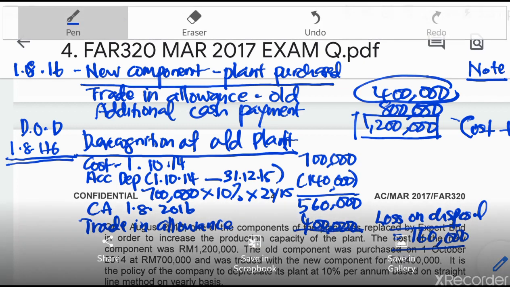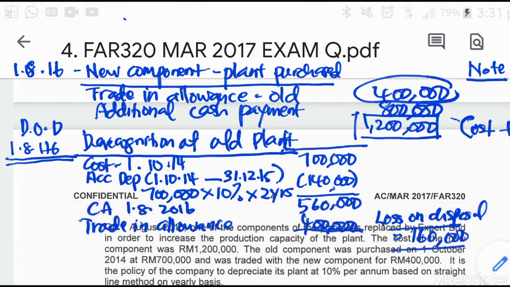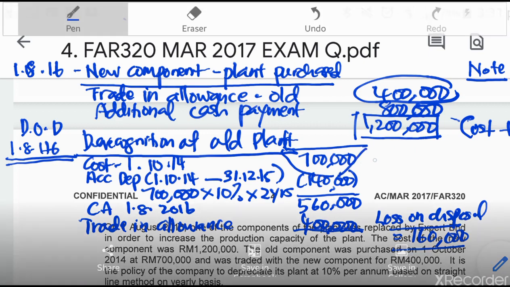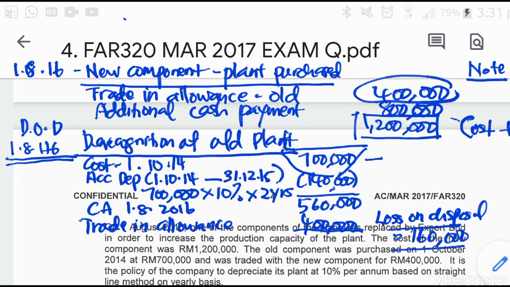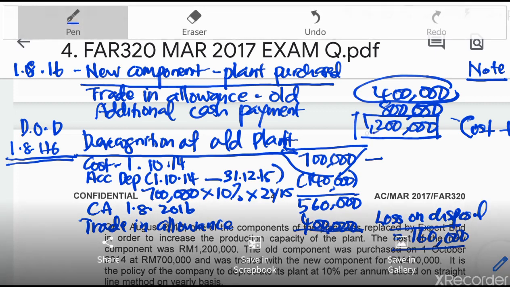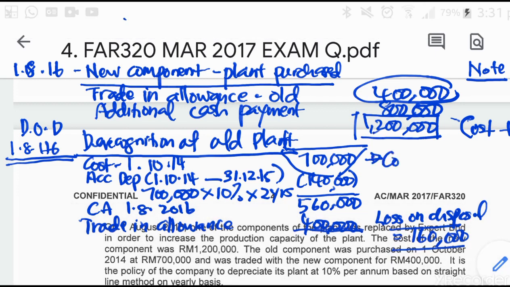Okay. So this part here is the one that you recognize. So therefore, that one will have to be eliminated or removed from the cost of the PPE. So you have to deduct.